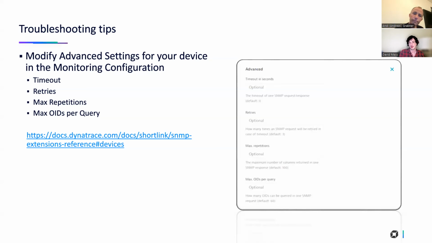And then the final option is the max OIDs per query. Again, that can help tune to make sure that we're polling at the correct interval or correct load for whatever network device we're gathering data from.